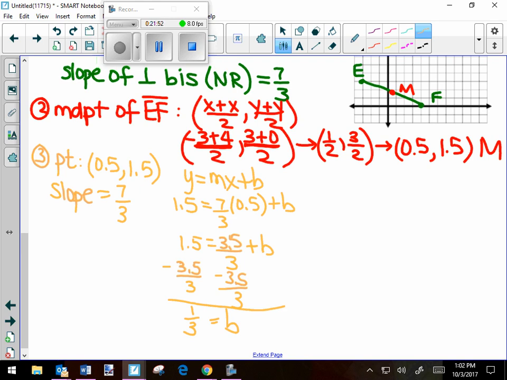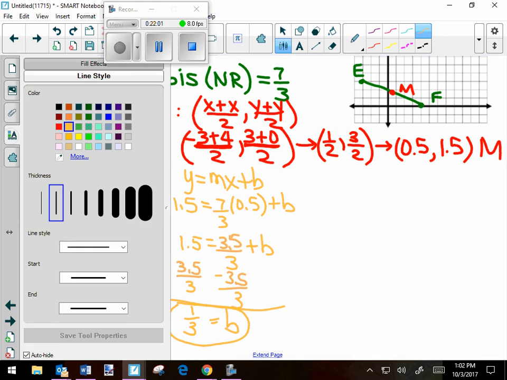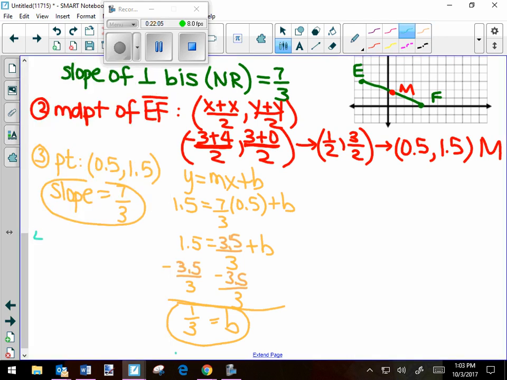So now I go back to what I know. I know my y-intercept, I know my slope. So now we're moving on to part 4, which is to actually write the equation of the line in y equals mx plus b form. My slope is 7/3, my y-intercept is 1/3.